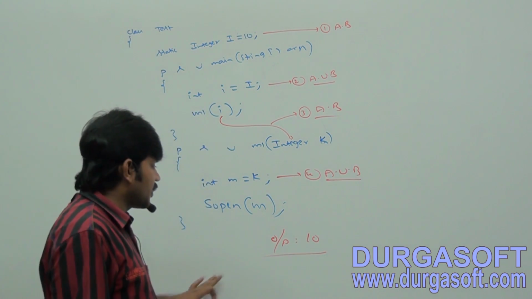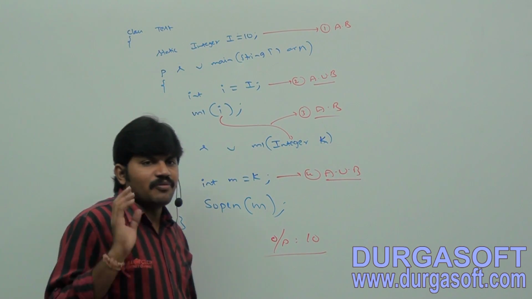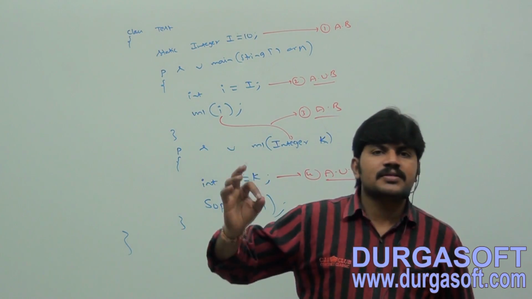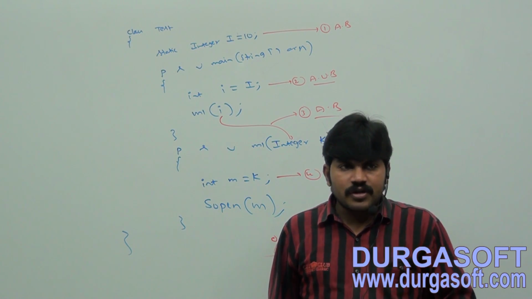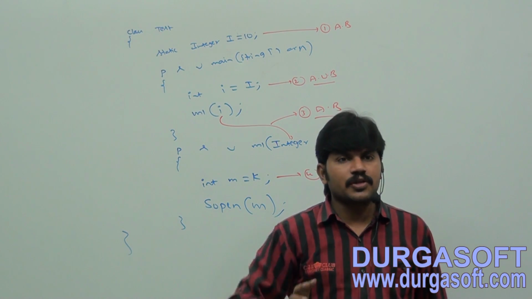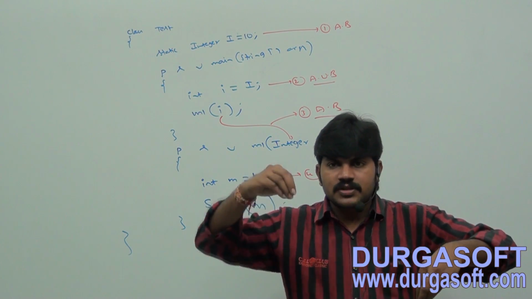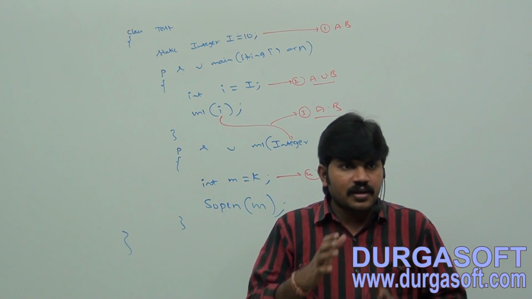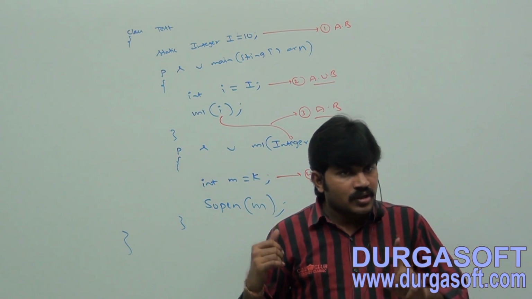Take a bit of special care about this word. Just because of Autoboxing and auto unboxing, from 1.5 version onwards, primitives and wrapper objects can be used interchangeably. In the place of a primitive you can use a wrapper object, and in the place of a wrapper object we can use a primitive.